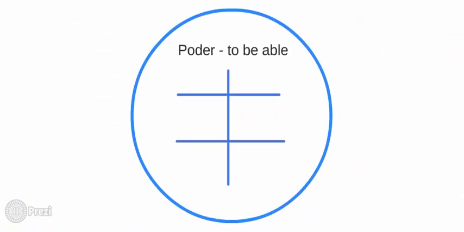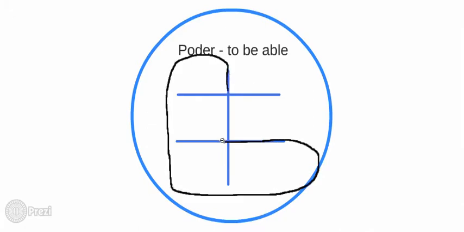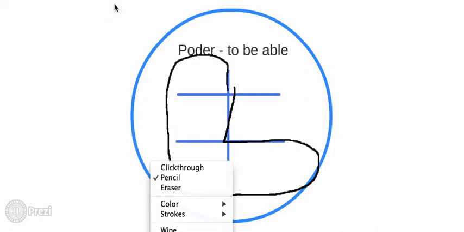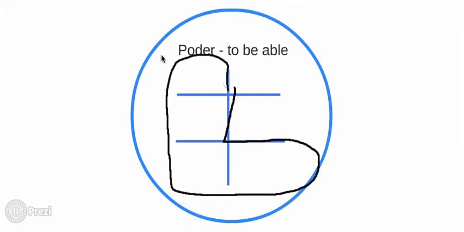Take a minute and try this with poder. I'd really like you to actually draw out your boot here. Go ahead and pause me, fill in the blanks, and check your work if you feel confident. Otherwise, follow along with me now. We will first figure out the stem, pod. We're going to drop our ending. Our stem is going to stem change from O to UE in the boot. So my new stem is puede.